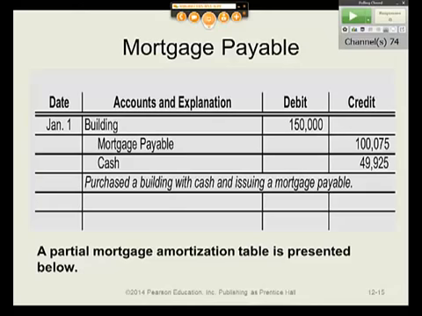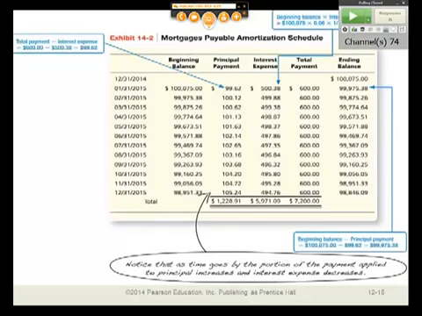Now, in this case, there's a big difference between the amortization table that you saw before and the one for the mortgage, because now you have to split the payment between principal and interest. So let me put this up on the screen, and I've highlighted a couple of things for you. Now, in this case, you're going to be paying $600, but that $600 includes both principal and interest.